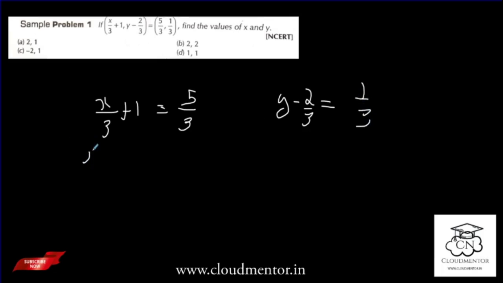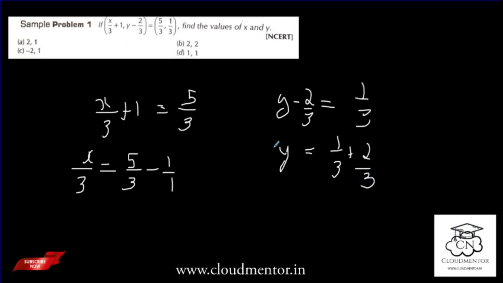So x/3 will be equal to 5/3 minus 1, and 1 is 1/1. And y equals 1/3 plus 2/3.